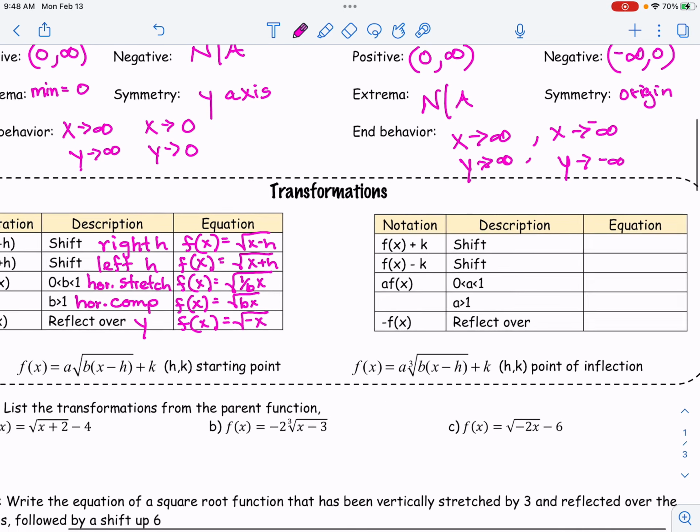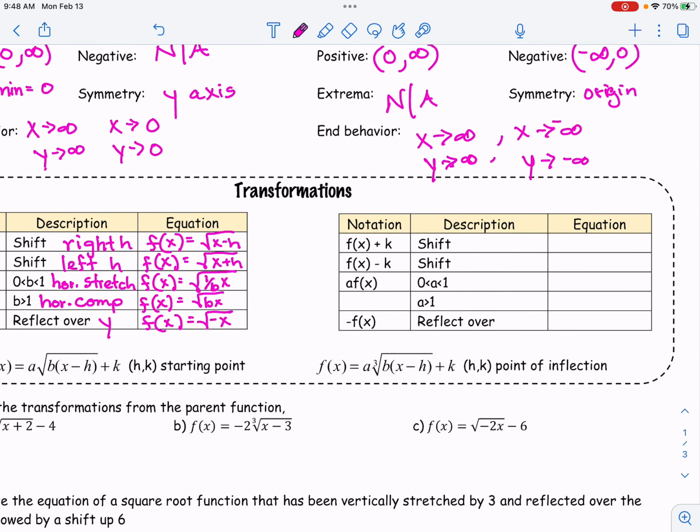Then for your vertical transformations, this would be up k. This would be down k. If the a is between 0 and 1, that is going to be a vertical compression.